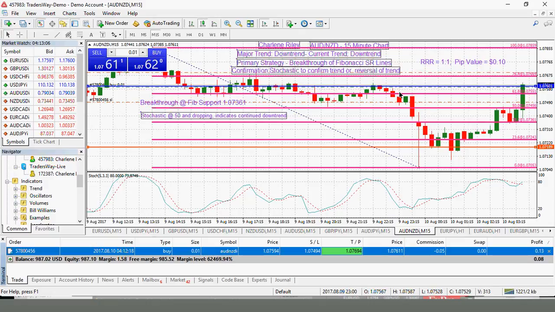And I entered into the trade because I had a breakthrough of the resistance at 1.07551. And I also had confirmation of an uptrend on the stochastic, which was just below 80 and rising.